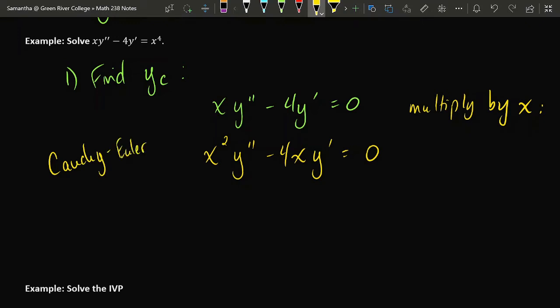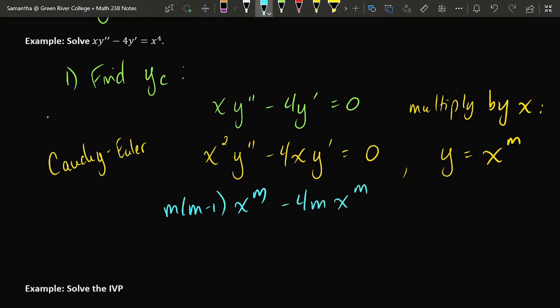And we can make the appropriate guess that y is equal to a solution of the form x to the power m. From this, we get our usual auxiliary equation, m times m minus 1, x to the m, minus 4m x to the m.